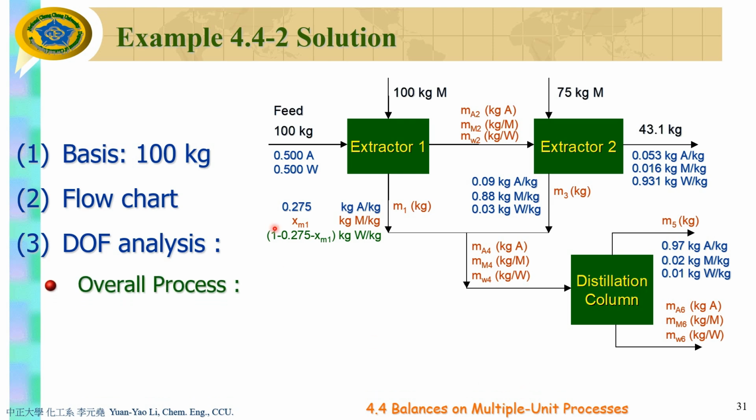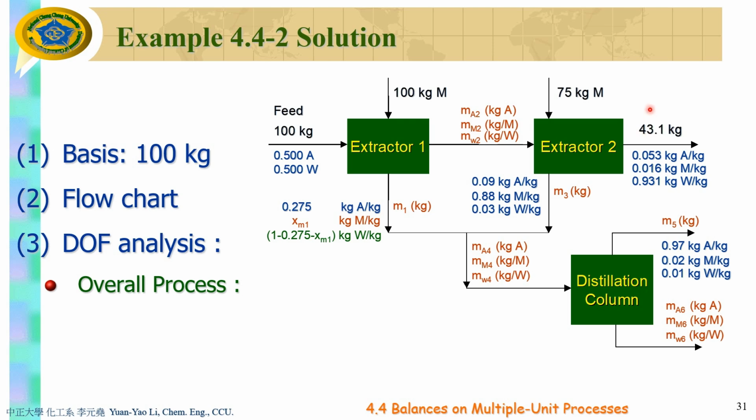So for the overall process, we always do the most important simple case first. For the overall, please tell me how many inputs and how many outputs. You already got the answer, right? 3 inputs, this one, and then 3 outputs, this one. So how many unknowns?